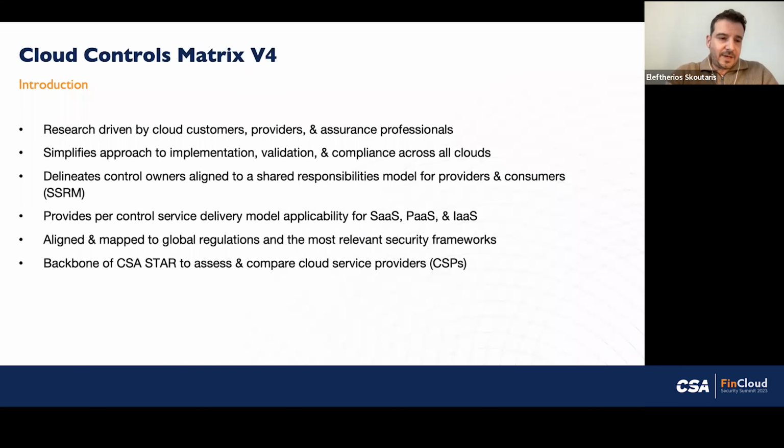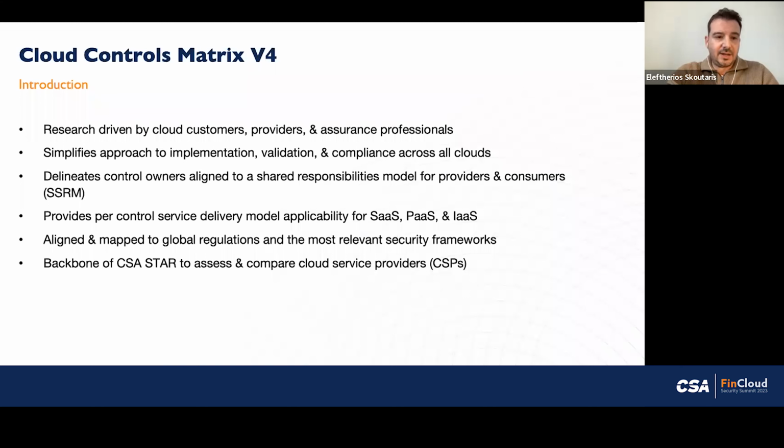In addition to the control specifications, the CCM works to align with other global regulations and standards. We achieve that via the mapping activities that we conduct with the working group. The CCM also provides guidance for the applicability of the controls per each of the cloud service models.